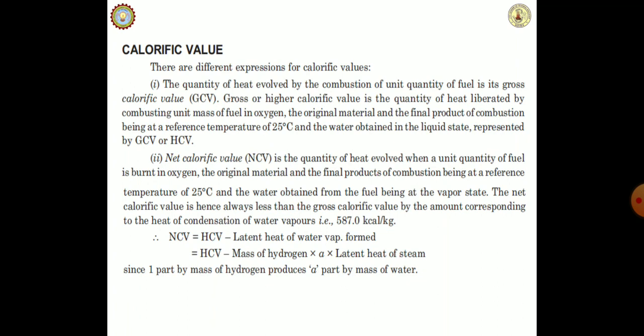The calorific value is the amount of heat liberated by the combustion of 1 unit mass of fuel completely burnt with oxygen. There are two types of calorific value: net calorific value, which is the lower calorific value, and gross calorific value, which is the higher calorific value.